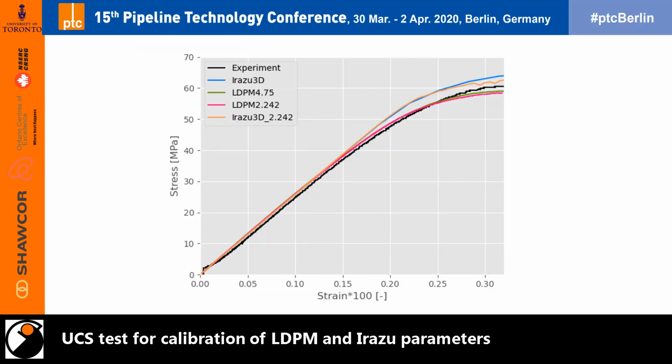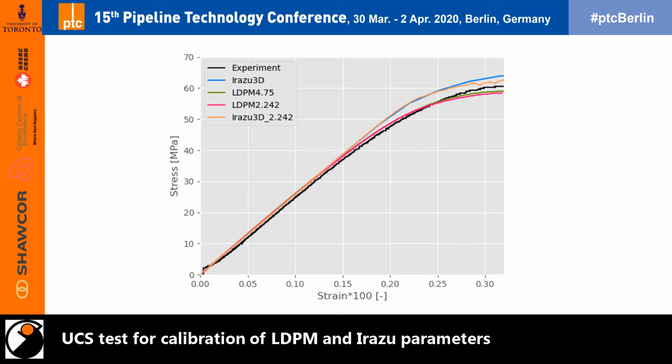So the numerical simulations of LDPM and FDEM were calibrated by comparing the stress-strain curve with the experiment results. We see that we get a very good fit of results for both of the models. The black curve represents the experiment results.